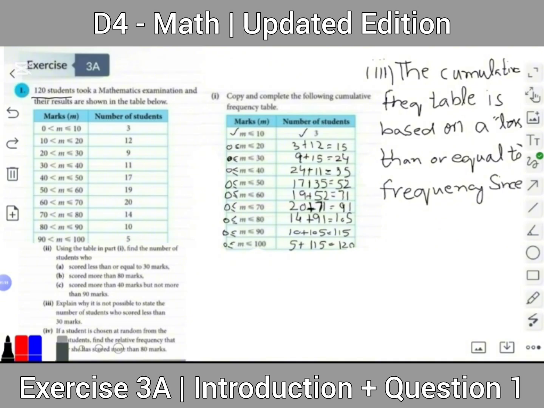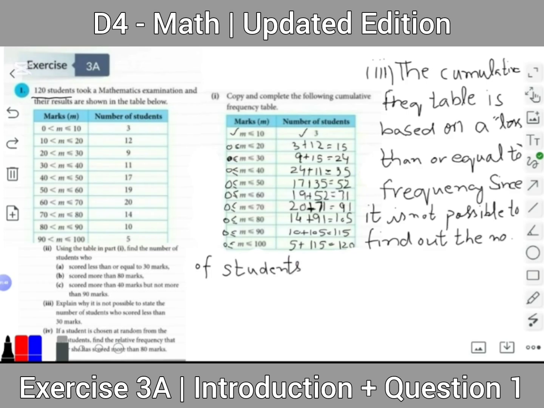Since of that, it is not possible to find out the number of students who scored exactly 30 marks.